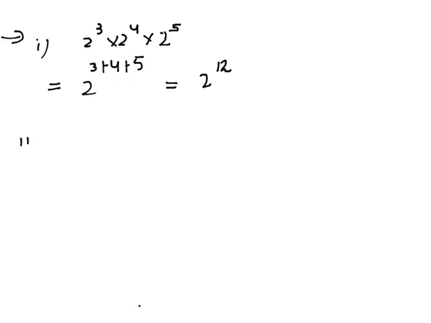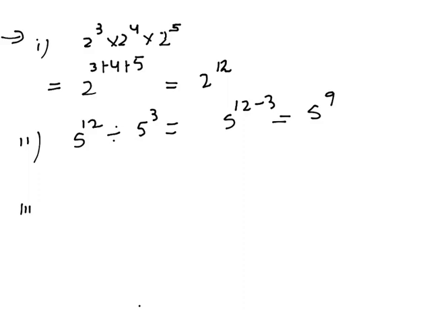Next one we have 5 raised to the power 12 divided by 5 raised to the power 3. In this, the powers will get subtracted. So 5 raised to the power 12 minus 3 will give us 5 raised to the power 9. Similarly, if we have an expression like 3 raised to the power 2 power 5 divided by 3 raised to the power 4, the first one is power to power, so exponents will get multiplied.